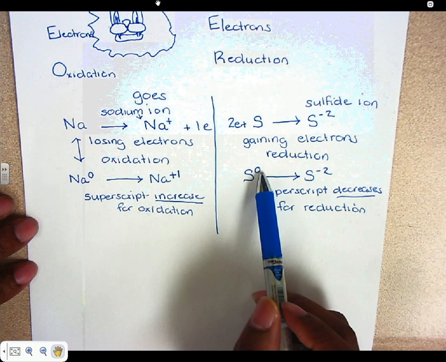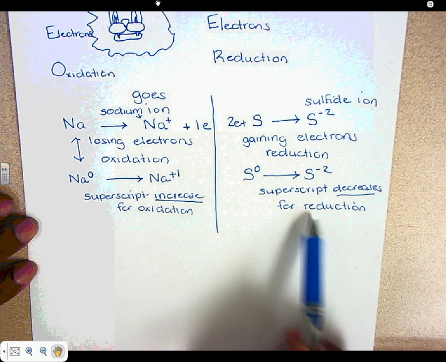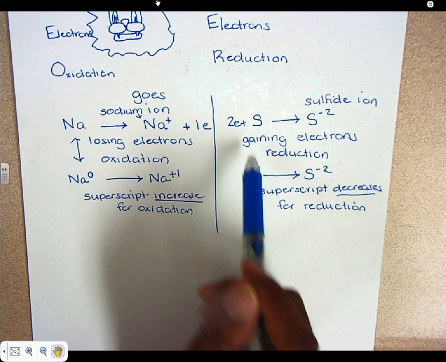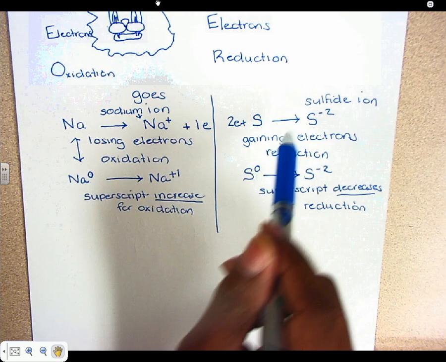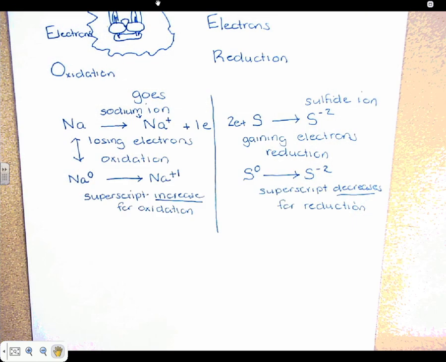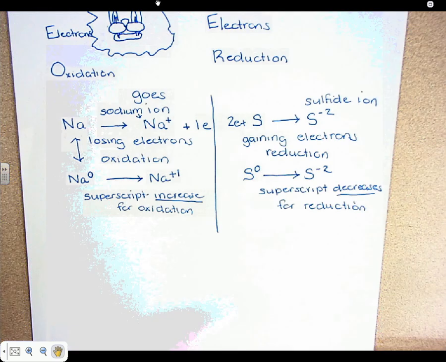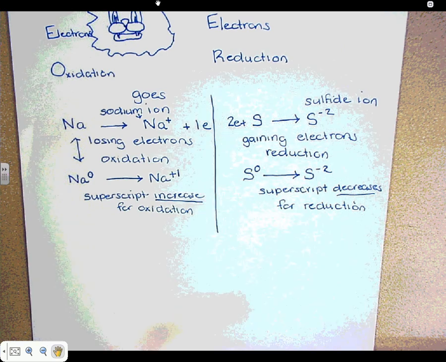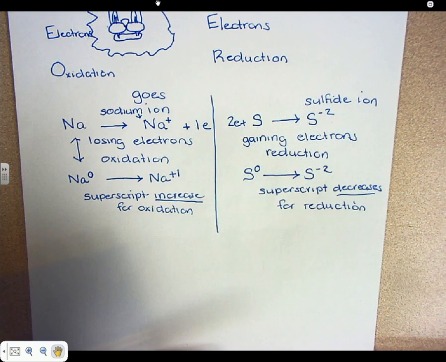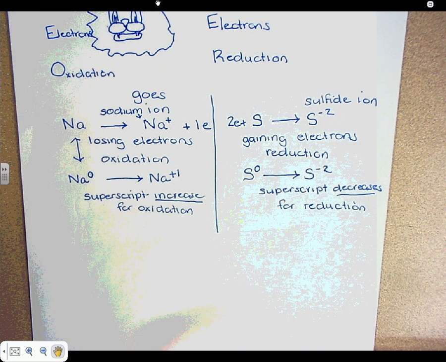If this number is decreasing, it's going to be reduction. Now, you might not look at an element and see 0 automatically, but if that S is located by itself, rest assured, we consider its charge to be 0. And if we were talking about oxidation numbers, that actually would have an oxidation number of 0.